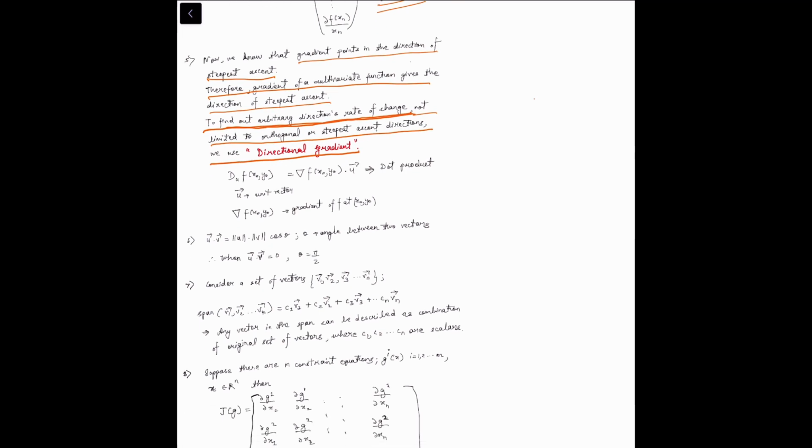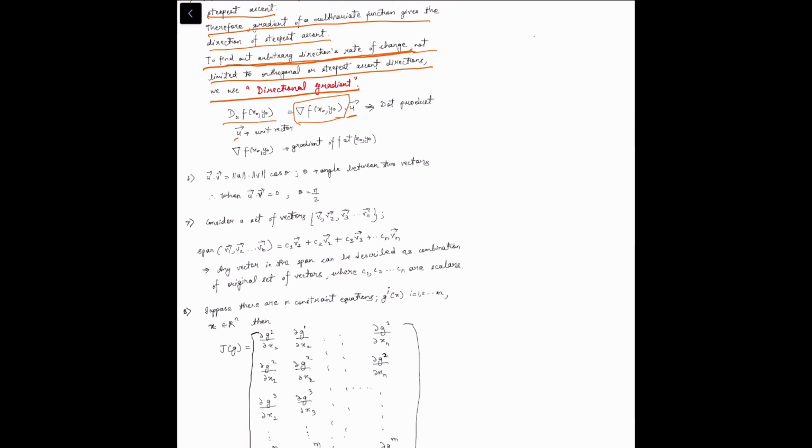To find out the rate of change in arbitrary directions, not just limited to orthogonal or steepest ascent directions, we use the directional gradient. The definition of the directional gradient is the gradient of the function multiplied by a unit vector in the direction for which we want to find the rate of change. So this u bar is a unit vector, and del of f is the gradient of f at x0, y0.